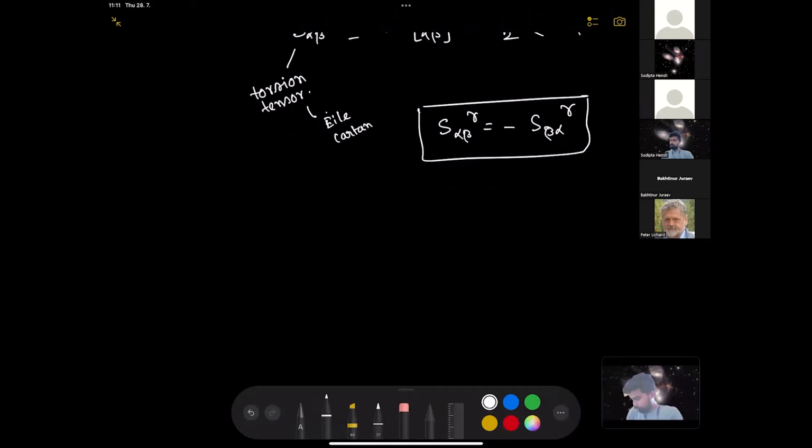Now let's say we have two vectors, one is V and one is U. Let's check how we can define the Lie derivative of a vector V along another vector U in a spacetime where torsion is non-zero.